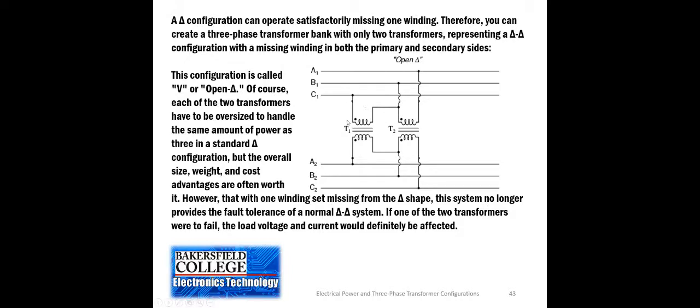So the voltage across the coils would be the same as the voltage between two of the lines. But the current is a different story. The current has to be calculated using not only the square root of 3, but also knowing the phase shift that would be happening at the transformers. And so that's more complicated. That's beyond the scope of what we're going for in this class.